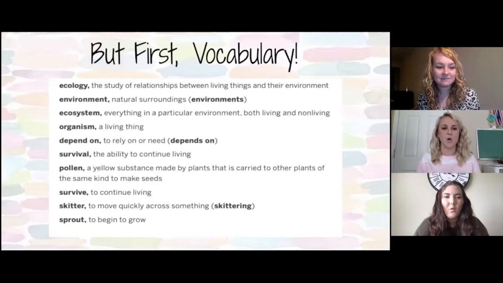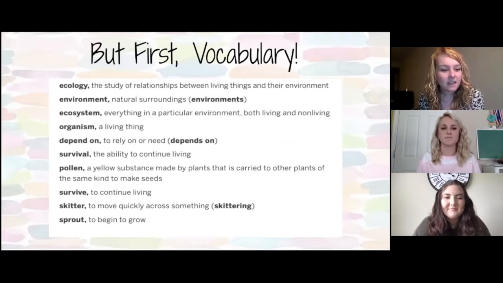Organism. Organism. A living thing. Depend on. Depend on. To rely on or need. Survival. Survival. The ability to continue living. Pollen. Pollen.